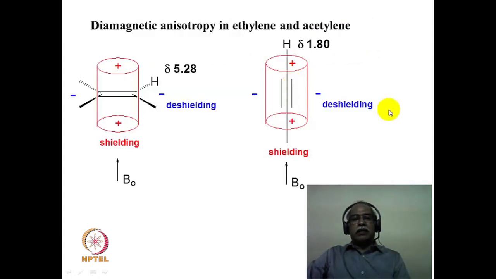Now let us consider a small experiment of taking a double bond, and this is the externally applied magnetic field. In other words, the plane of the ethylene molecule in this particular case is perpendicular to the externally applied magnetic field.